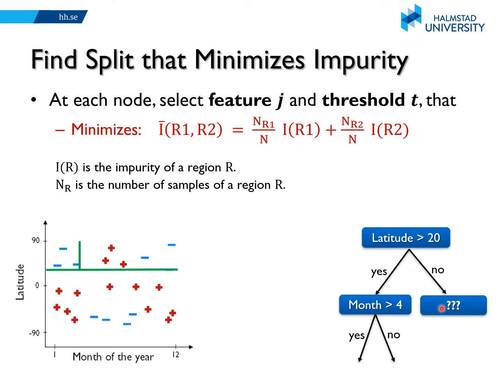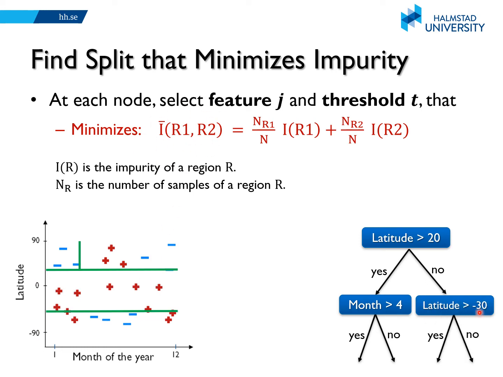Same thing here, we want to find which question to ask at this node. And this one corresponds to this region now. So again, we do the same. We pick a feature with different possible thresholds, and each time we compute the impurity. And then another feature with different thresholds, and each time we compute the impurity.